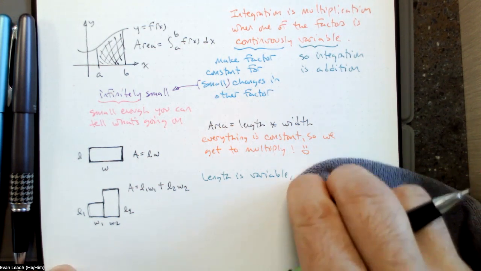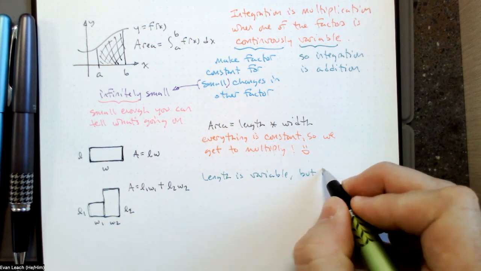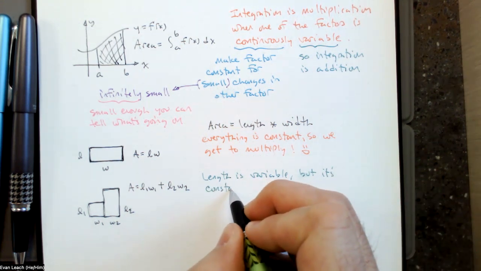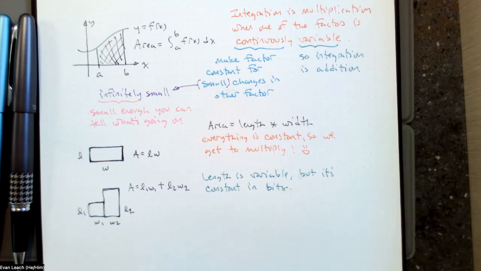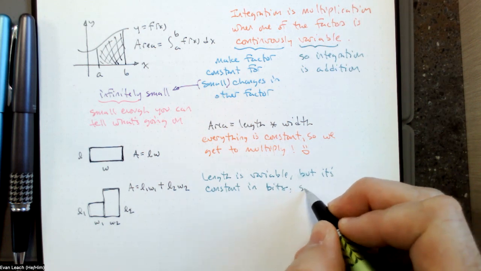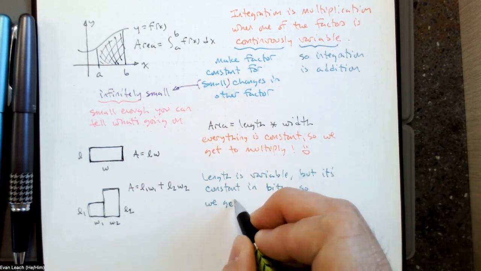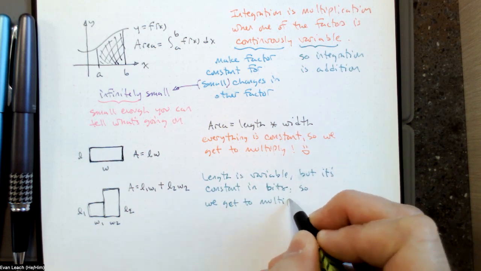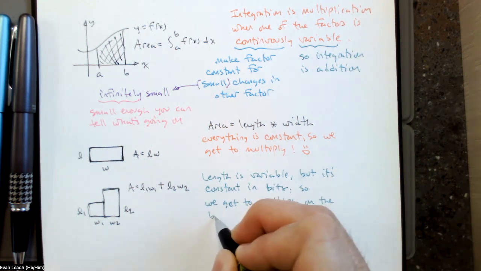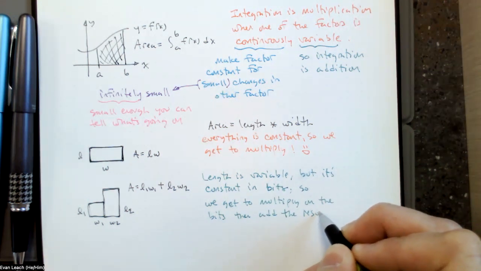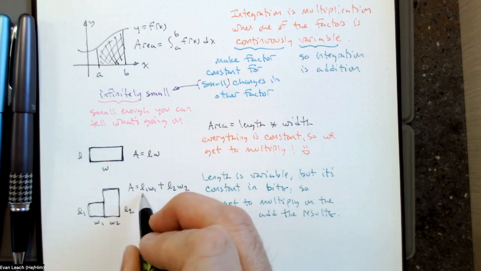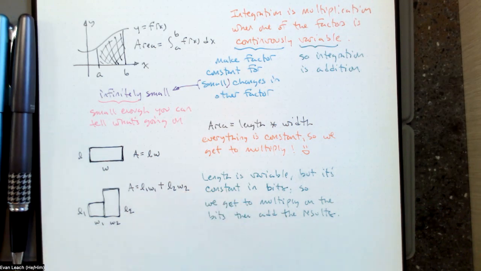We get to multiply on the bits, then we add the results.